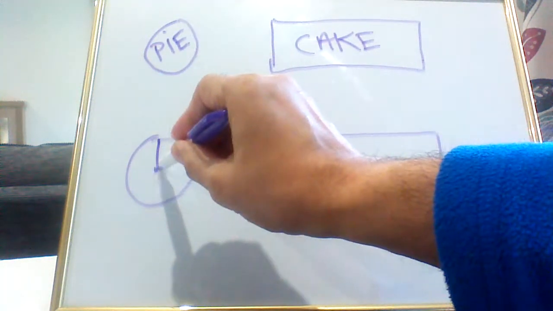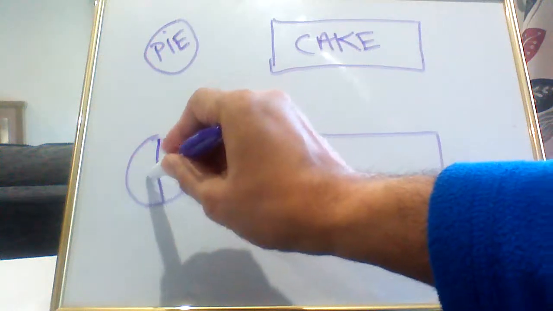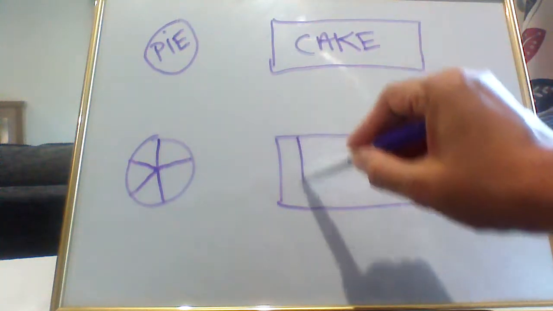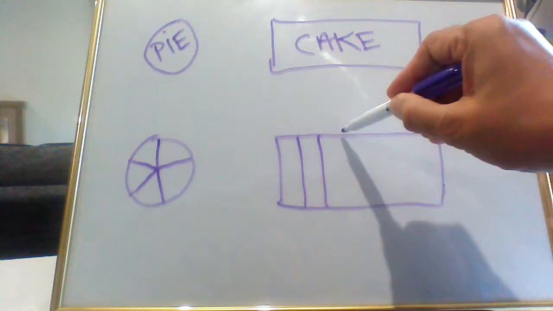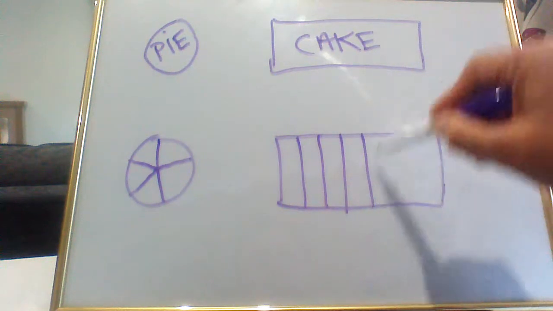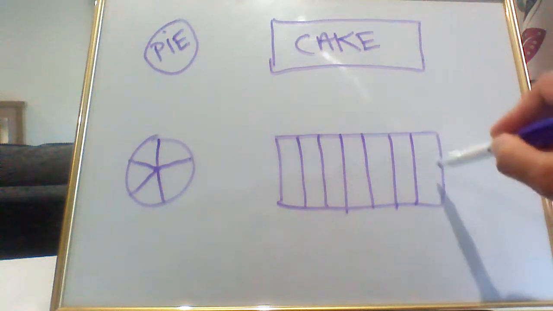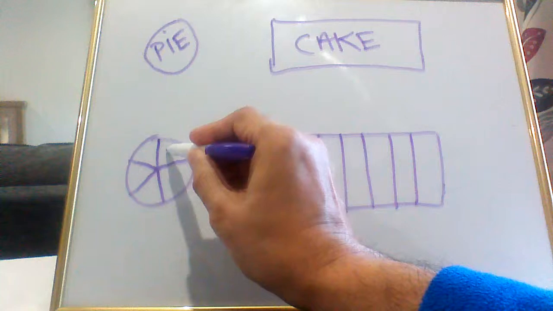I'm going to cut this one into 5 pieces, and with this cake here, we're going to turn it into 7 pieces. That's 1, 2, 3, 4, 5, 6, 7, and what I'm going to do is number it.